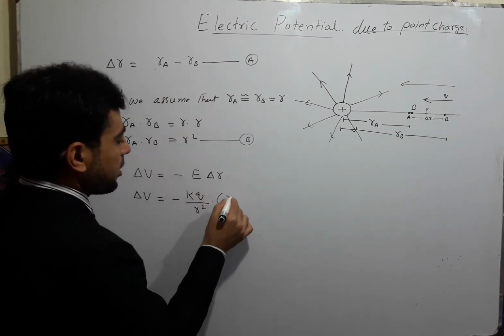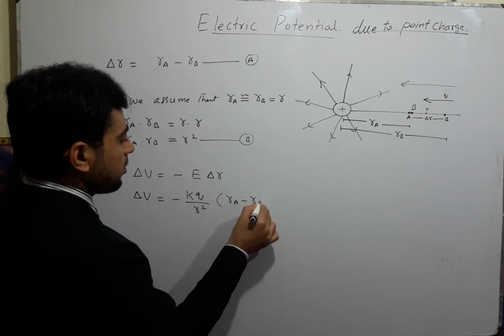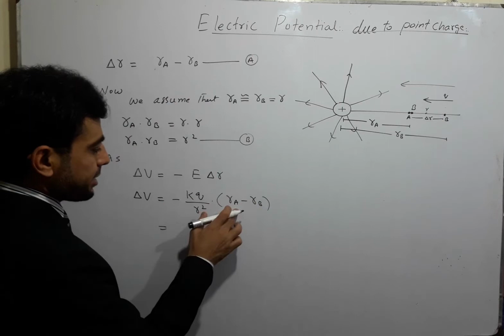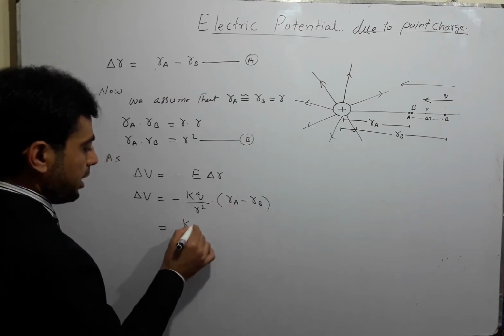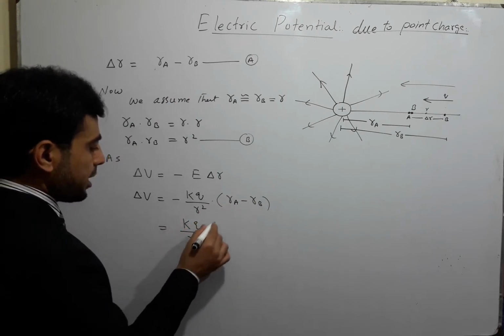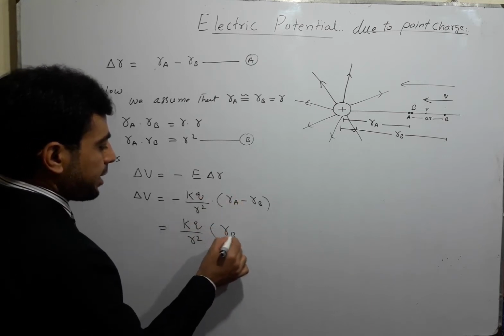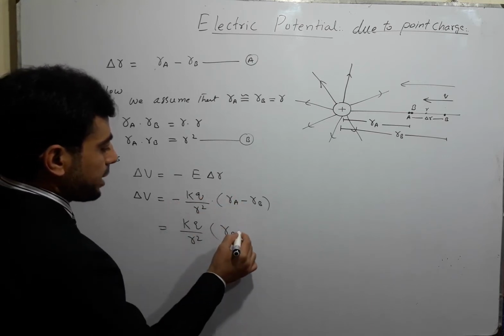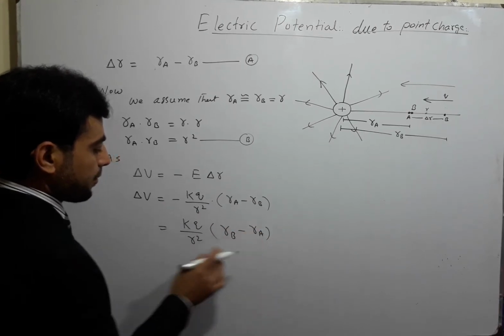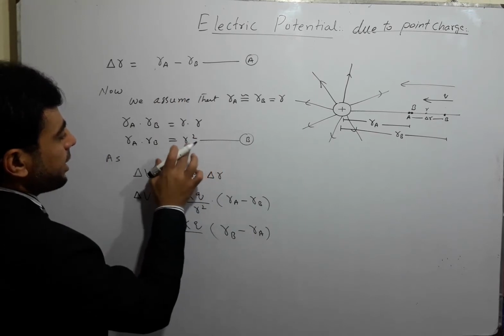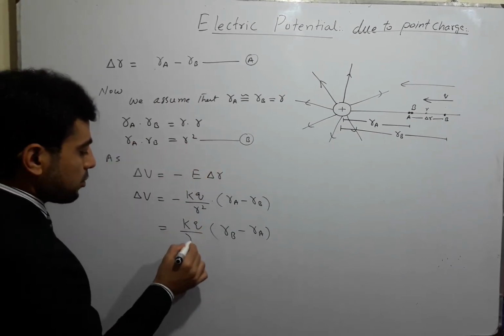and delta R is equal to RA minus RB. If we multiply by the minus sign, we are left with kq over r square, so the minus will become plus RB and the plus RA will become minus, and r square will be replaced by RA into RB.